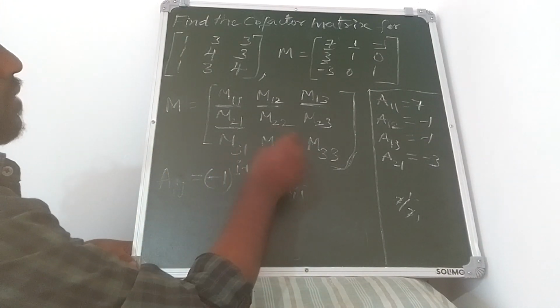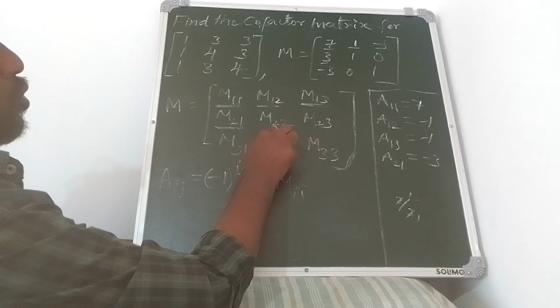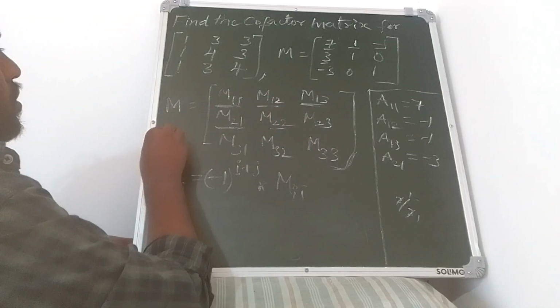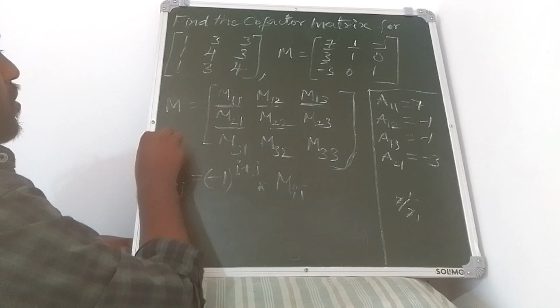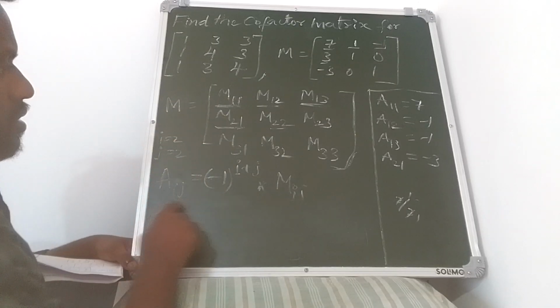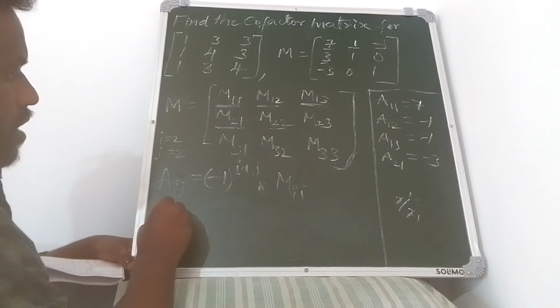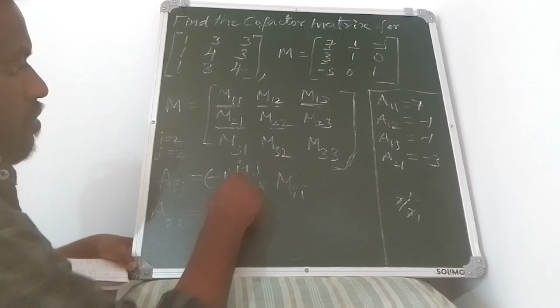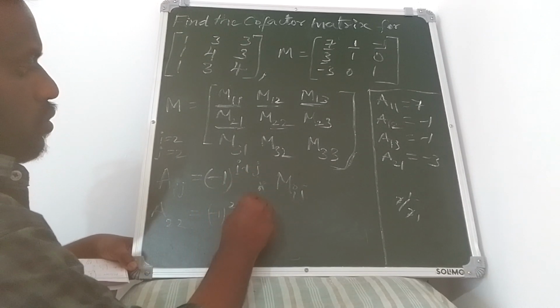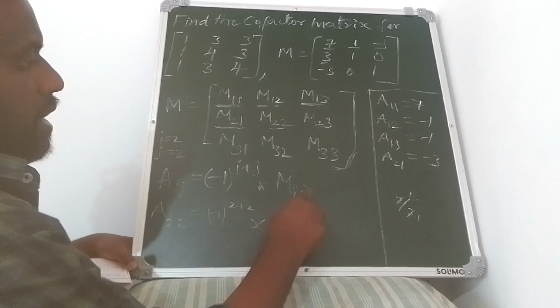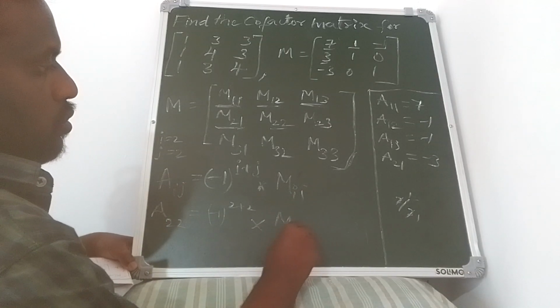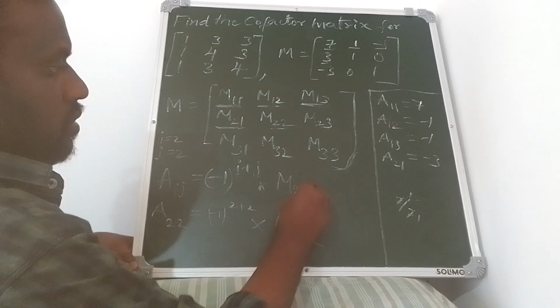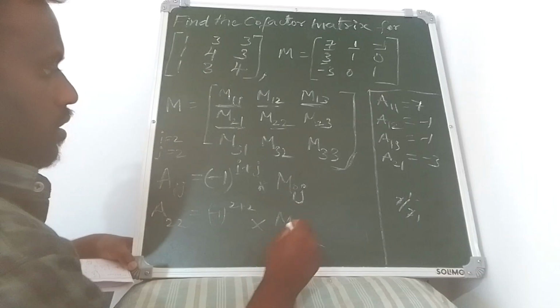Similarly, I will take this: i is equal to 2, j is equal to 2. Substitute this in this. So a22 is equal to minus 1 to the power of i plus j, that is 2 plus 2, into m22.